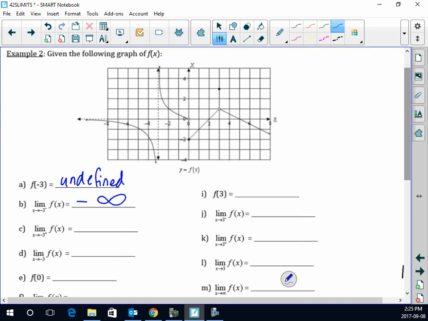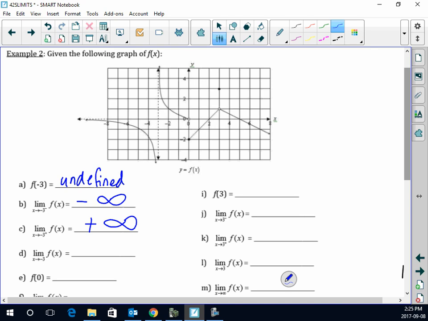Negative infinity. How about when it comes to negative 3 on the right? So it's following the function, and then all of a sudden it goes to positive infinity. Does everybody see that? Do you want me to just trace it again, or you see that it's going to positive infinity?